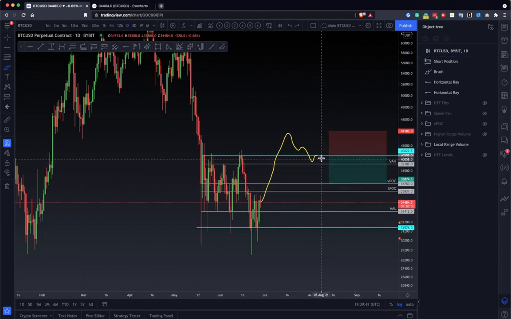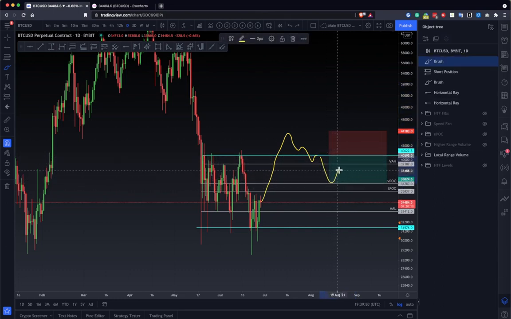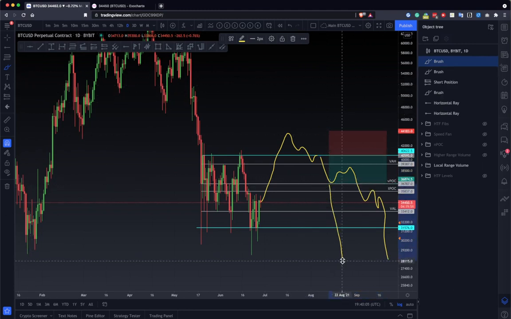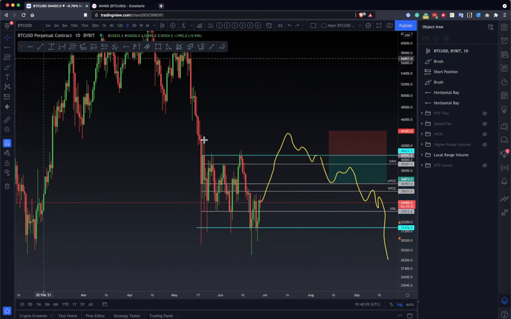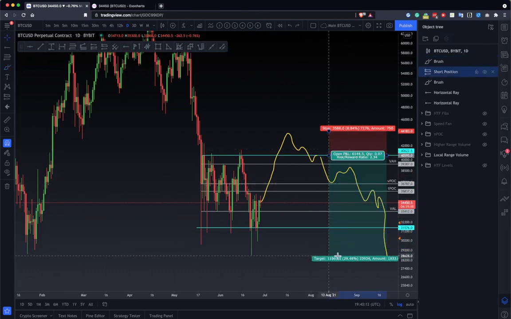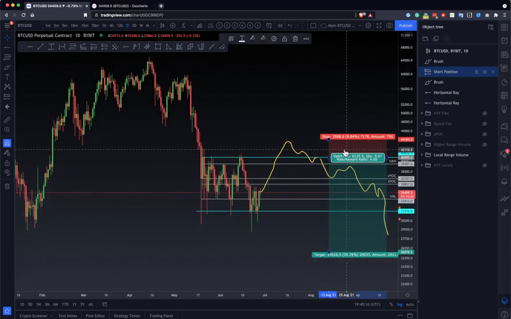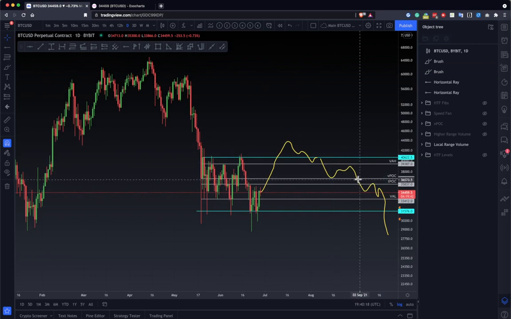It might come down here, do that, and then just go down again, and again. So you never know, and that's why I'm telling you to take profit. Your take profit can even go down to 23k. This is the short side.